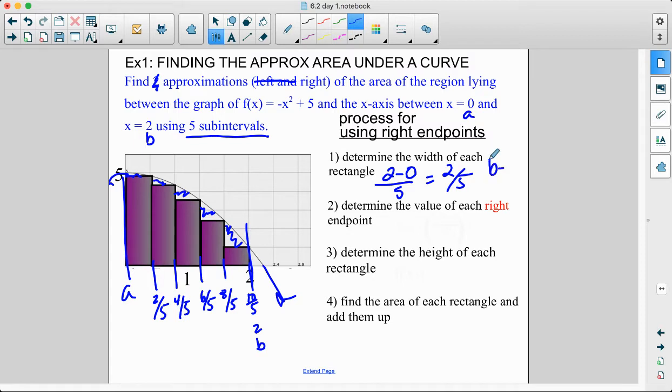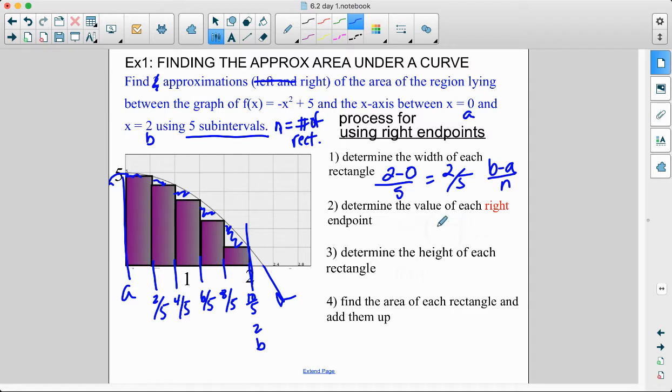So the formula, if you like formulas, is b minus a over n. N is equal to the number of rectangles or the number of sub-intervals, which is the same.